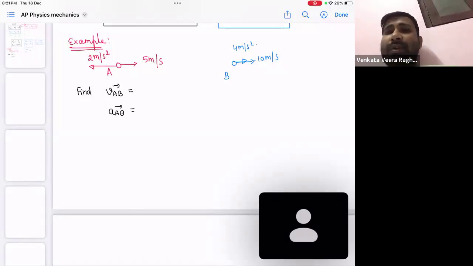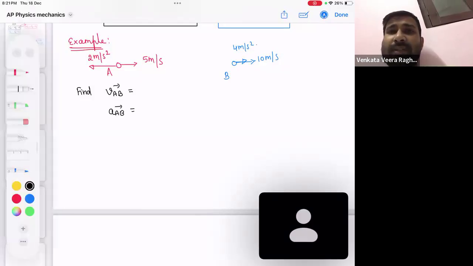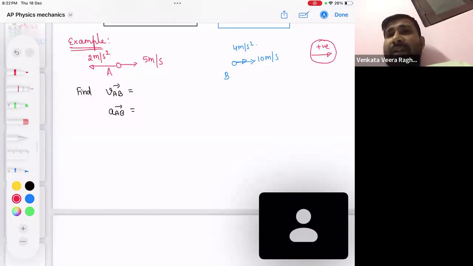Before finding this, you must consider one of the directions as positive. I'm going to consider this direction as the positive direction. So velocity of A with respect to B will be velocity of A with respect to ground minus velocity of B with respect to ground.